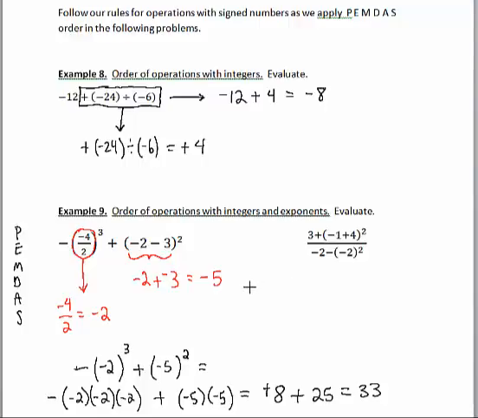So I'll write my large fraction bar. I'm not going to mess with the addition first. It's way down here on the bottom of the list. And then the first thing on my list is the P for parentheses, and so I want to complete this calculation inside the parentheses here. Negative 1 plus 4 gives me a 3.